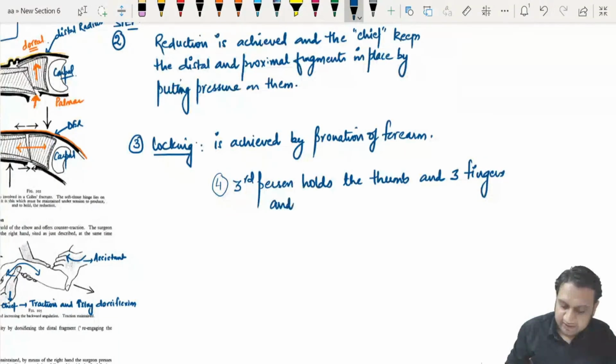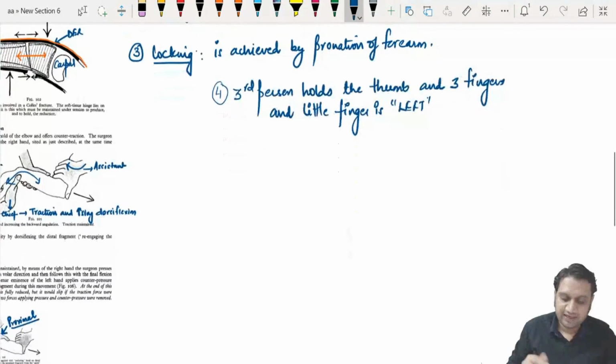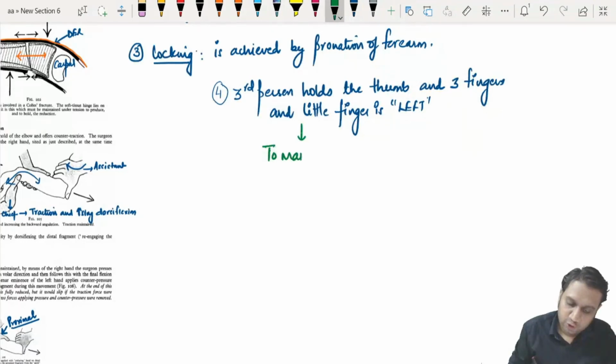And the little finger is left. That is one very important point. Little finger is left. You don't touch it. Why don't we touch it? I have told you the reason: to maintain the palmar arch.